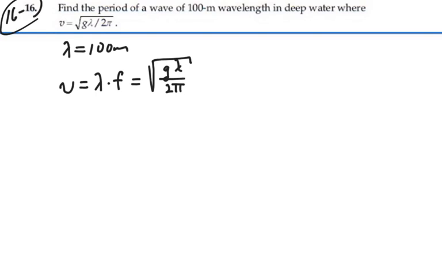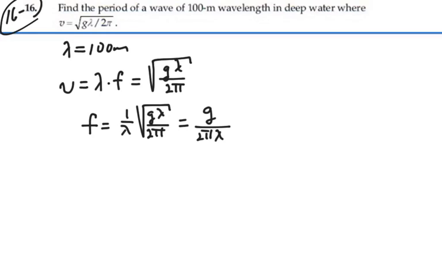Alright, so then if we divide both sides by the wavelength, the frequency will be equal to 1 over the wavelength times the square root of g lambda over 2 pi, which, if I bring the 1 over the wavelength into the radical, I'm going to have the square root of g divided by 2 pi lambda, because it would have been lambda over lambda squared.